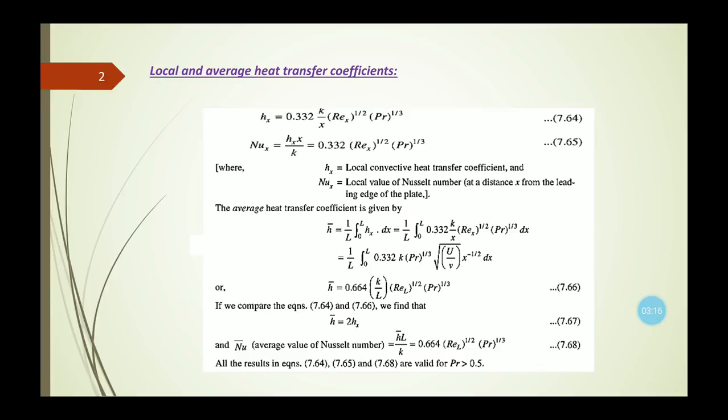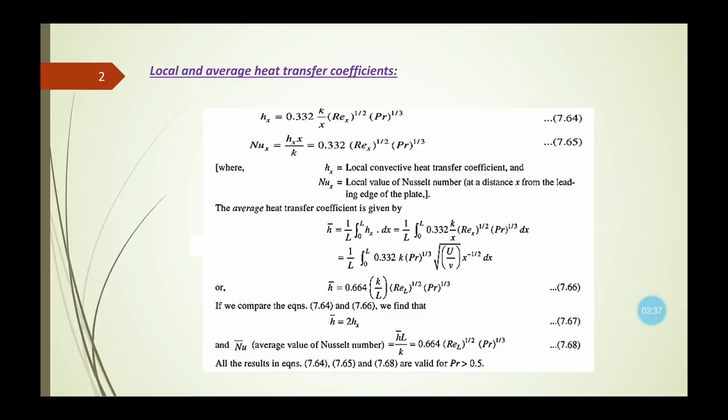All these equations on this slide, related to the local heat transfer coefficient, local Nusselt number, average heat transfer coefficient and average Nusselt number, and the relation between the local and average heat transfer coefficient, are valid when the Prandtl number is greater than 0.5.